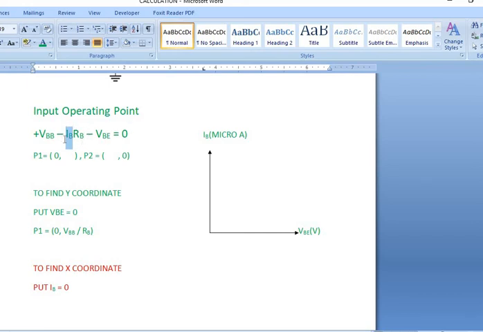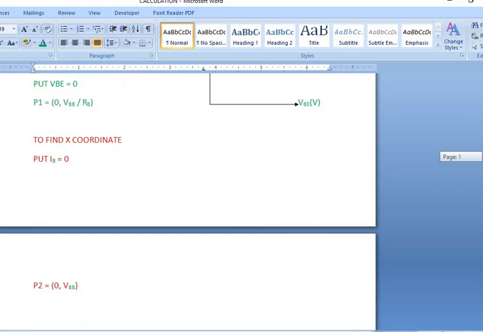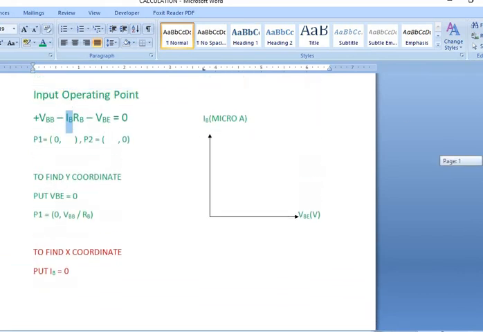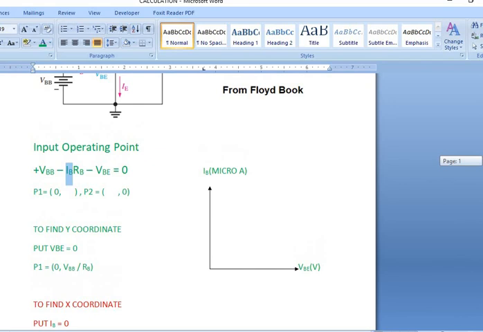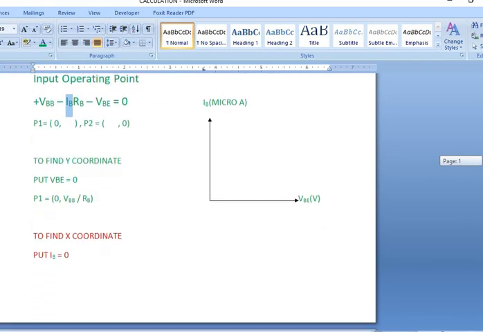So VBE is equal to VBB. So the second point, P2, is VBB comma 0. These are some important calculations which must be kept in mind.